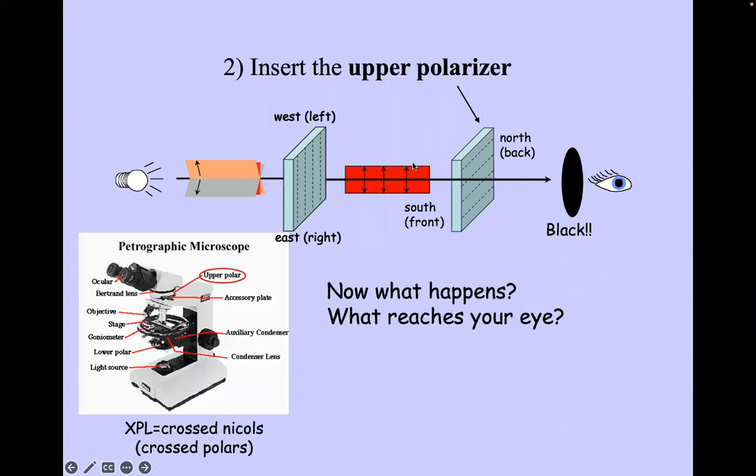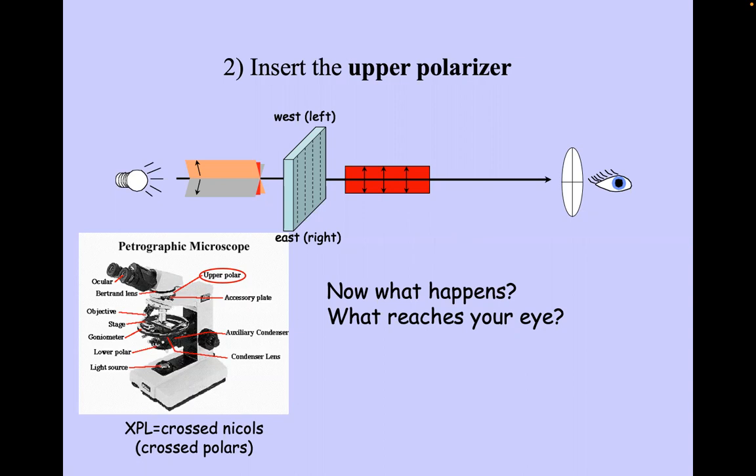Here you had light, so you could see something. But when you insert the second polarizer, which is a kind of accessory, an optional component, you can put it into the light ray path only if you want. If you don't want it, you can remove it.